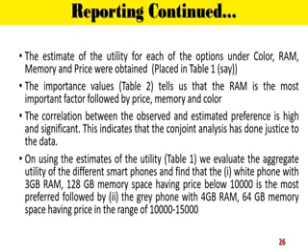On using the estimates of utility from table 1, we evaluate the aggregate utility, aggregate meaning total, of the different smartphones, and find that the white phone with 3 GB RAM, 128 GB memory space, having price below 10,000 is the most preferred, followed by the gray phone with 4 GB RAM, 64 GB memory space, and a price range from 10,000 to 15,000.